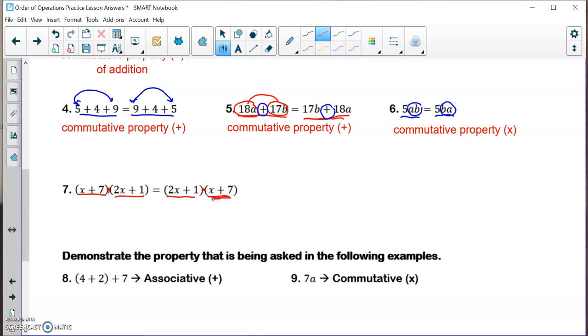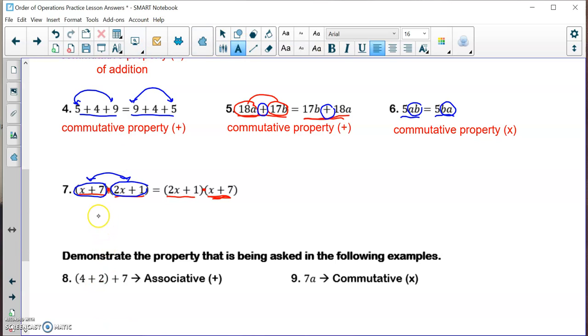Now, what happened was the order flipped. These two things that I'm circling in blue flipped around the multiplication symbol. So since the order flipped around the multiplication symbol, it was order that flipped, that's commutative property. And since it flipped around the multiplication symbol, that's the commutative property of multiplication.